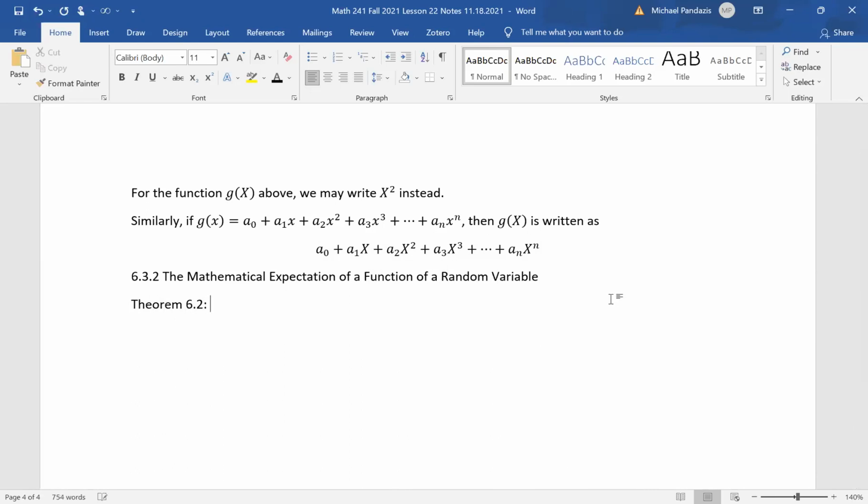So this is theorem 6.2. Let capital X be a random variable with probability function f of x.